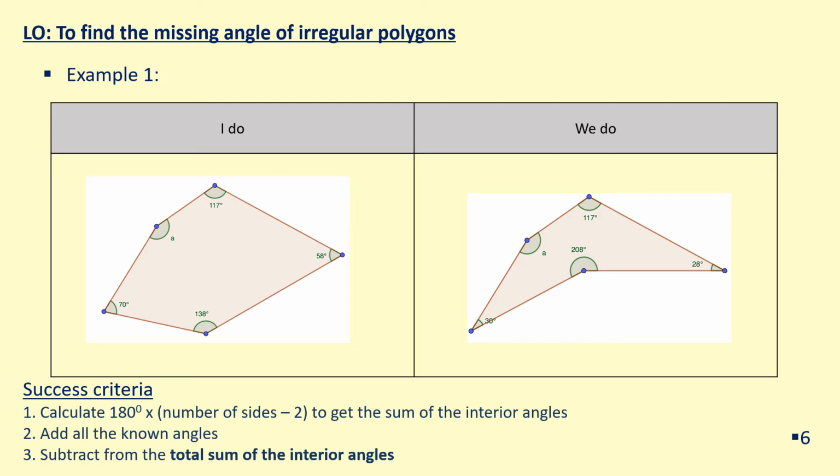Okay, so we said about splitting the irregular polygon. This is an irregular polygon in front of us. It's no distinct shape.